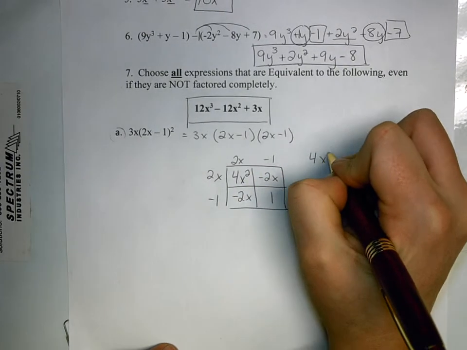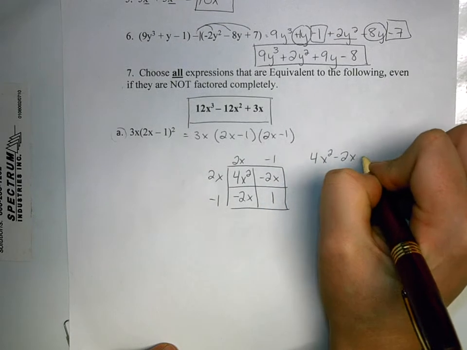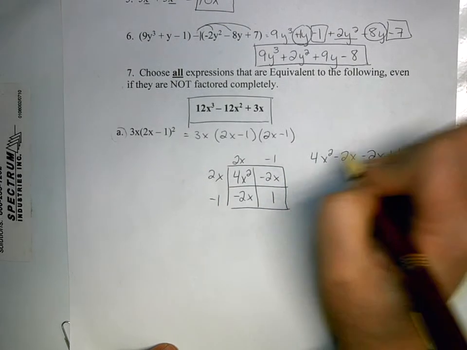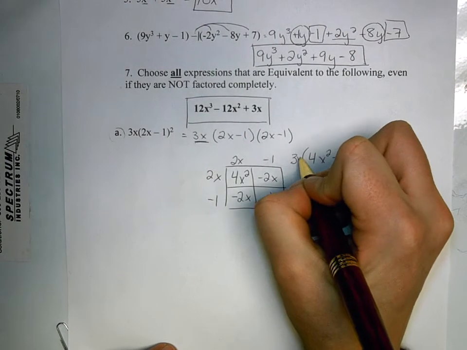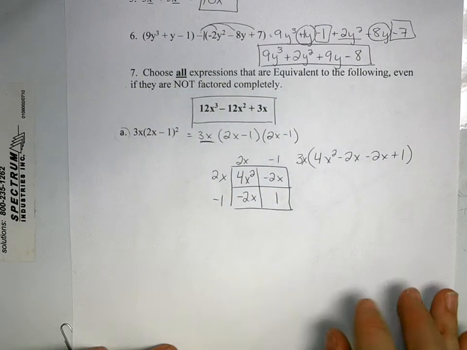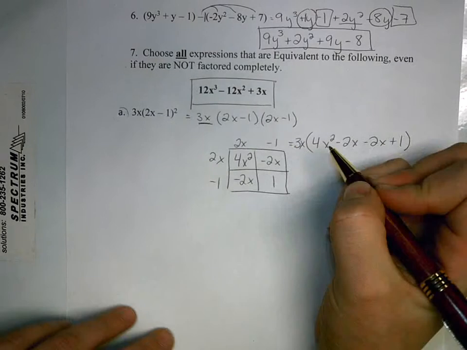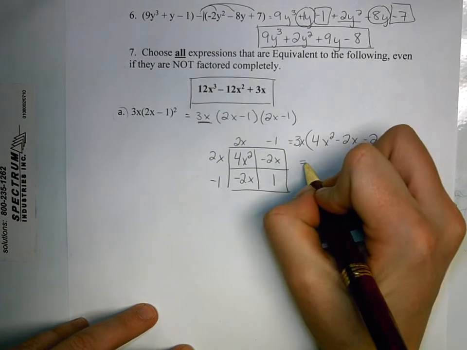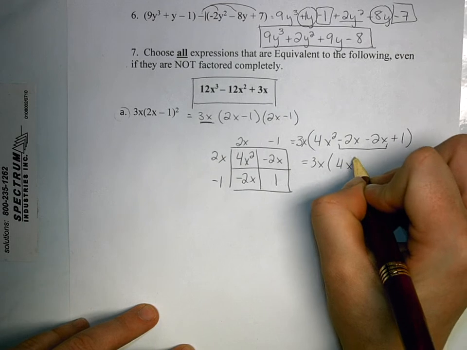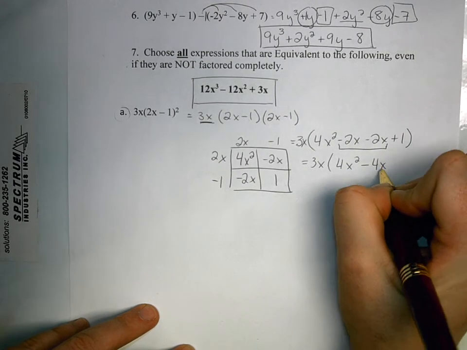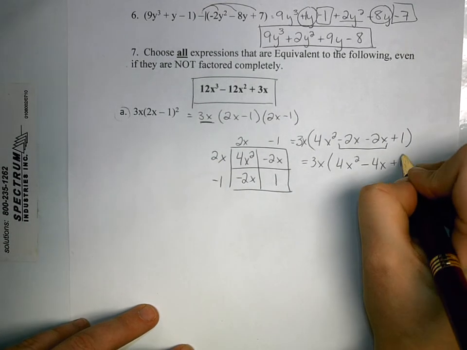So if I write all those out, I'm still going to be multiplying at the end by that 3x, so you want to make sure to write that every time you write your equivalent expression. I can combine like terms, and I get 4x squared minus 4x plus 1.